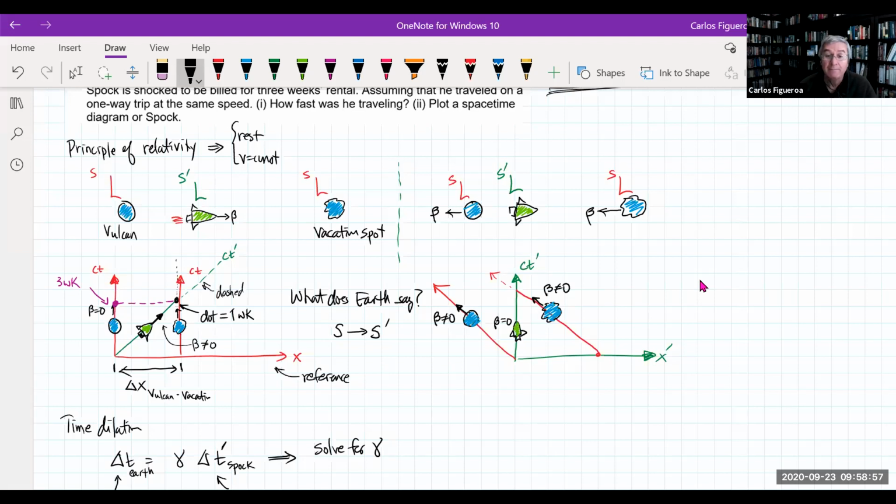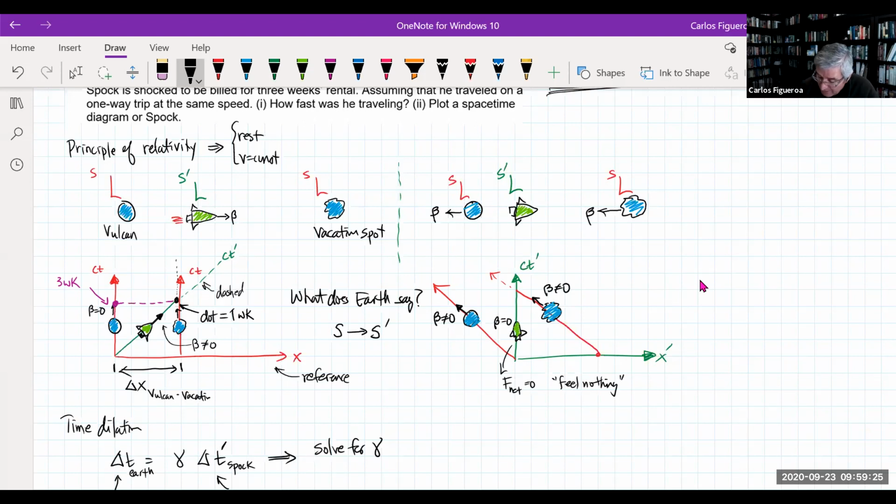The rocket frame cannot tell that they're moving. In this frame, the net force is 0, so you feel nothing. So I can't tell the difference between this picture and this picture over here.